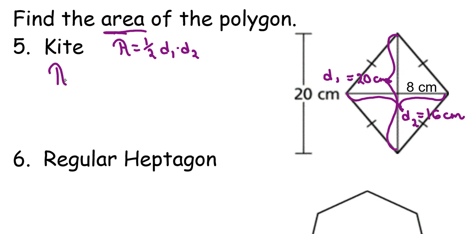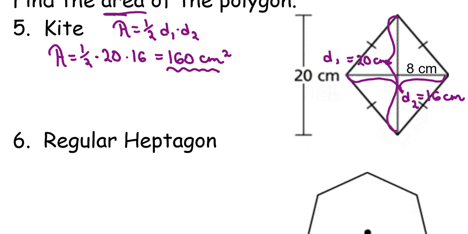The area of the kite should be 1/2 times 20 times 16. And half of 20 is 10. 10 times 16 gives me 160 its area. So let's go with square units. And 160 centimeters squared should be a good answer for the area of the kite. Again, that area formula, 1/2 diagonal 1 times diagonal 2.